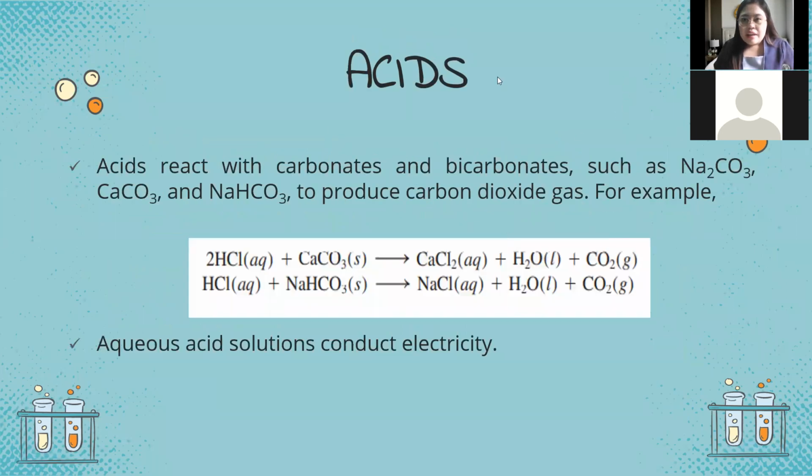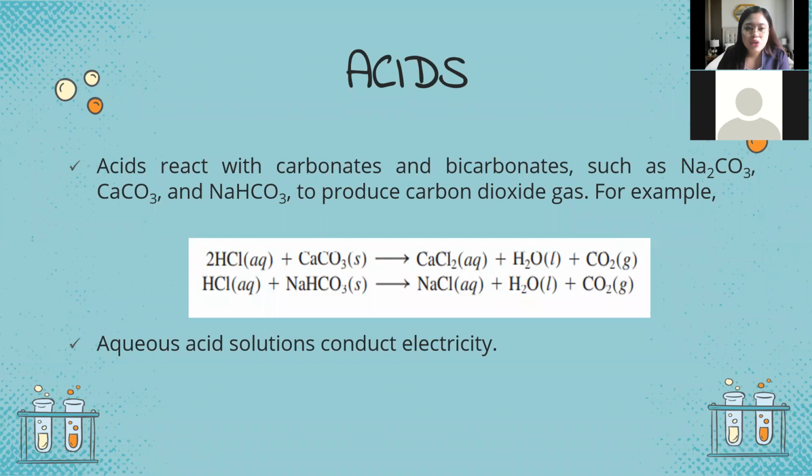Now, let's move on. We have here another characteristic of our acids. Acids can react with carbonates and bicarbonates, kagaya ng calcium carbonate and sodium carbonate, and the product will be a gas again. We have here the carbon dioxide gas. So let's have an example.